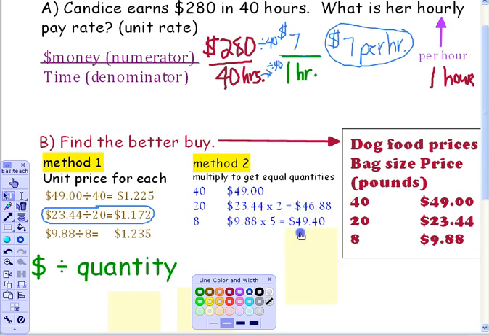What if we buy 5 of those 8-pound bags? We would be paying $49.40. So here again, you can see that our cheapest, our better buy, is right here again with that 20-pound bag.